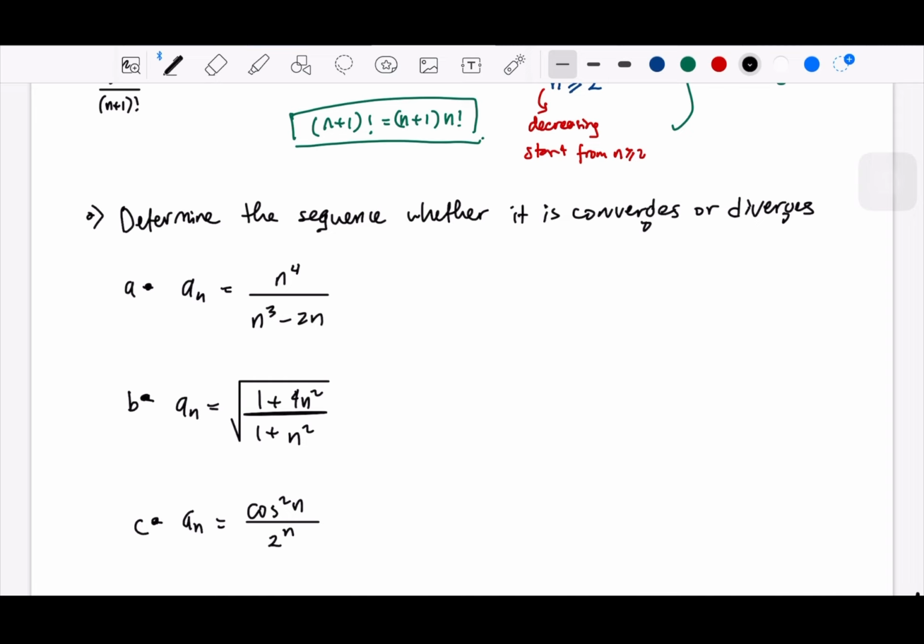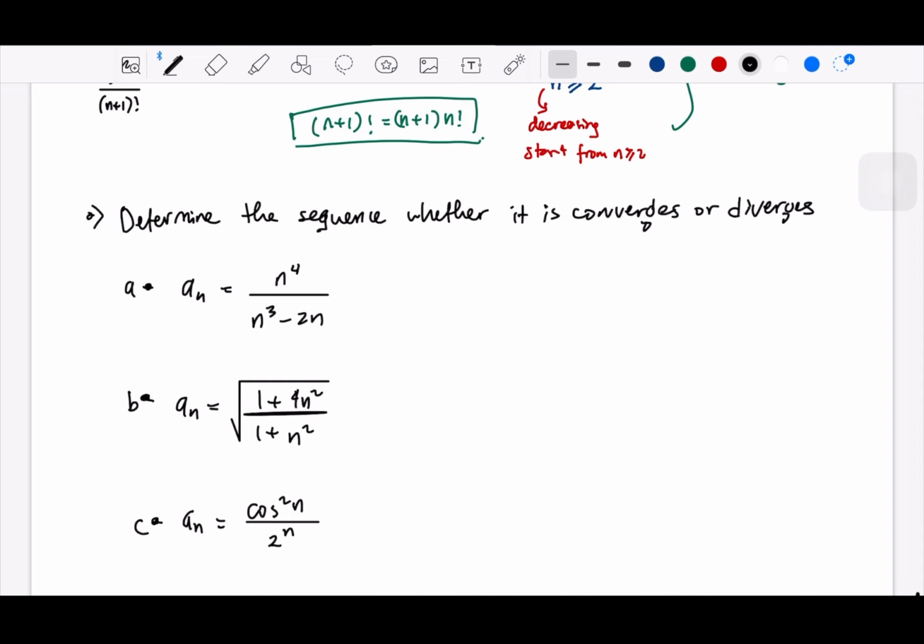You know why, Gary? No? Okay. This is n to the power of 4, right? It's n to the power of 3. This increases faster, right? In terms of the limit, this goes to infinity, right?